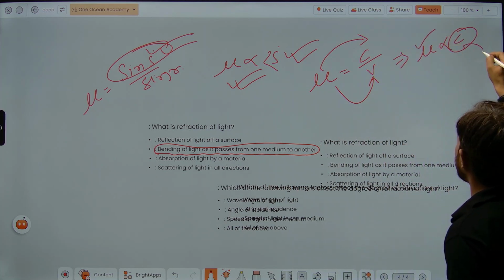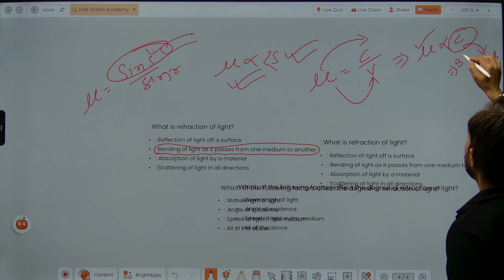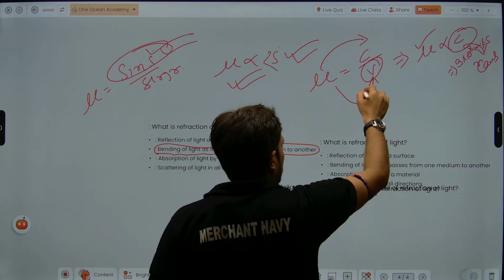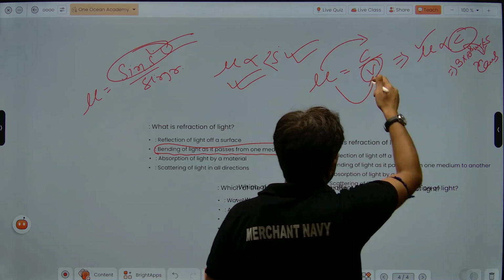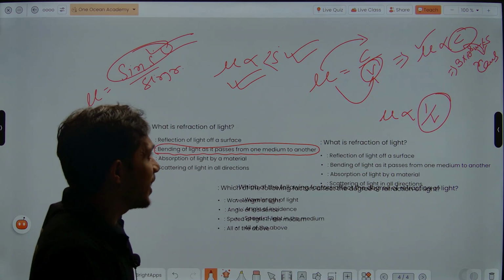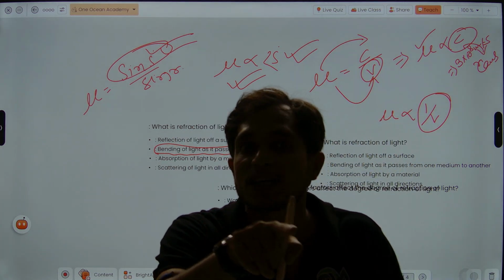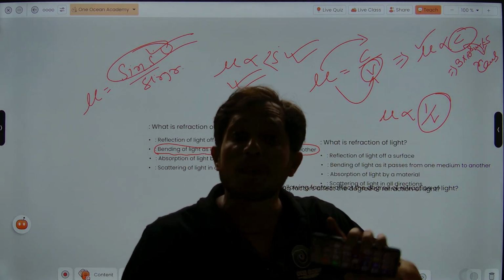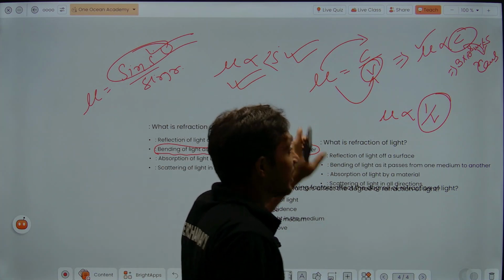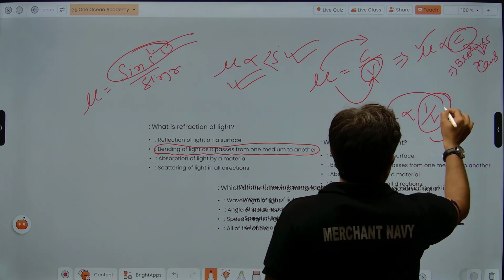But we know that c always remains constant, equal to 3 into 10 to the power 8 meter per second. But in medium second, mu is inversely proportional to the speed of light in medium second. If the speed of light increases in medium second, mu will decrease, and if it decreases, mu will increase. So mu is also depending upon the speed of light.